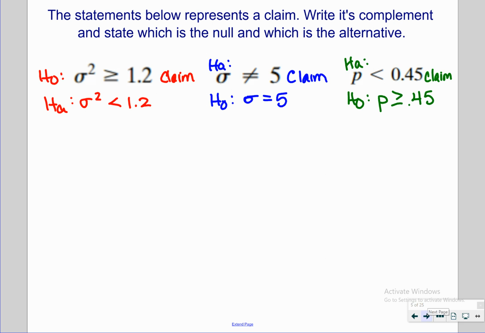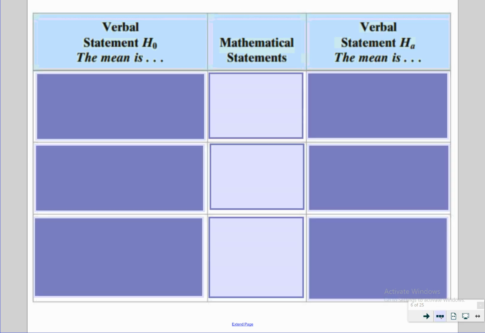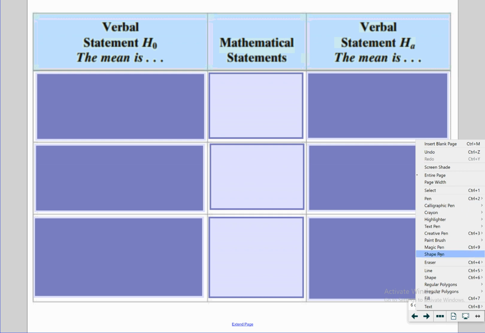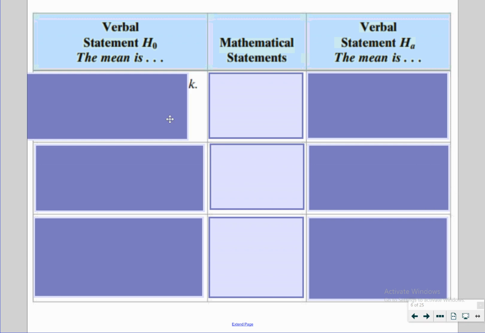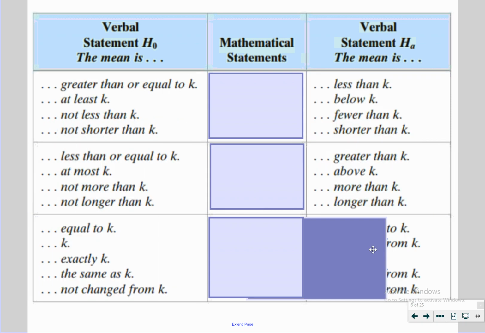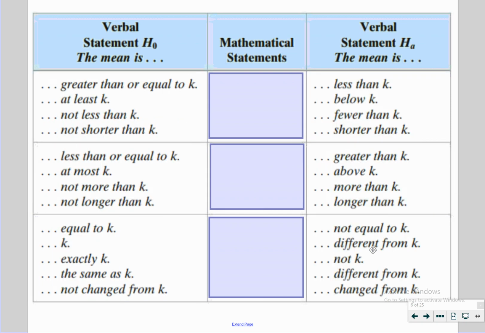Okay. So now, on this slide, I think you guys have some of this revealed on yours already. Let me get my little select tool. There it is. Okay, so you guys have this stuff on there already on your paper? Yes? Okay. So most of the time, we're not going to be given the mathematical statement. We're going to be given the statement in words as a claim, and then we're going to have to interpret those words into the mathematical statements.